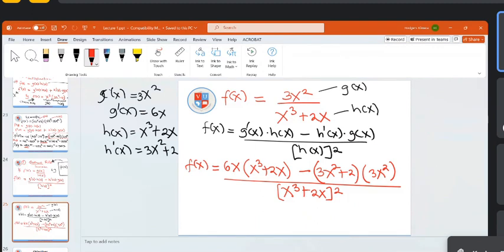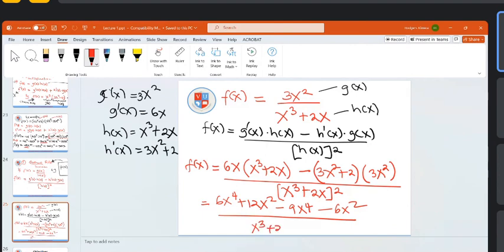Okay, so here, this is going to be 6x power 4 plus 12x squared minus 9x power 4 minus 6x squared, over x cubed plus 2x, squared.